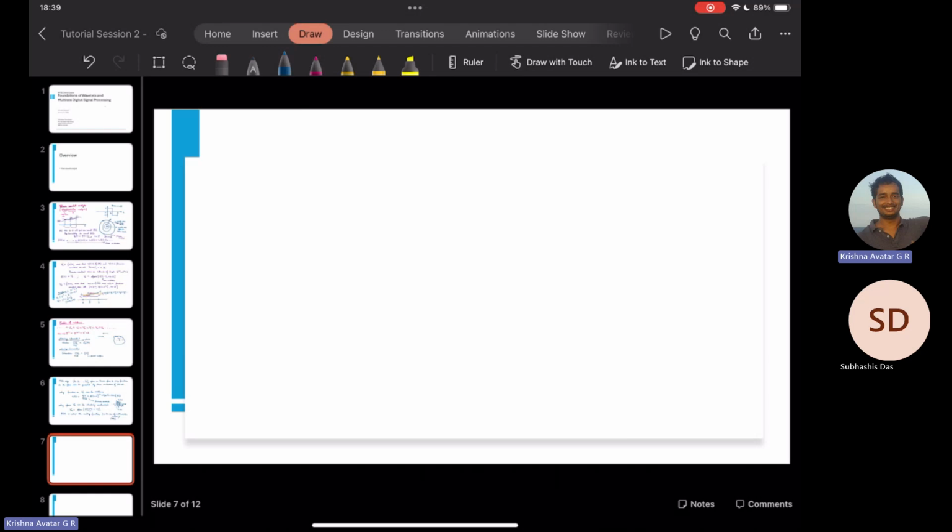Now let's talk about some of the axioms of MRA. Of course, we are just discussing what was discussed in week 2 of this course. So what are the axioms?